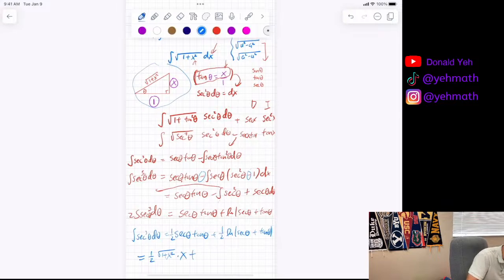And then plus 1/2 natural log of secant theta plus tangent theta, which is the square root of 1 plus x squared plus x. Voila, you're done. Actually, I lied, it's only 1 page.